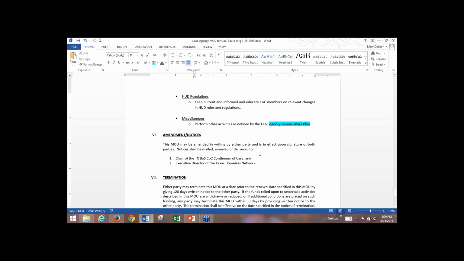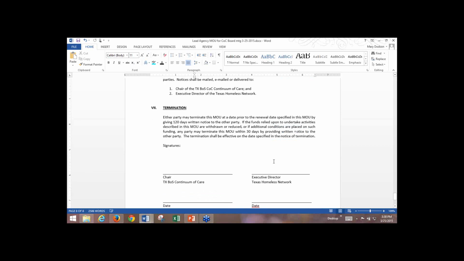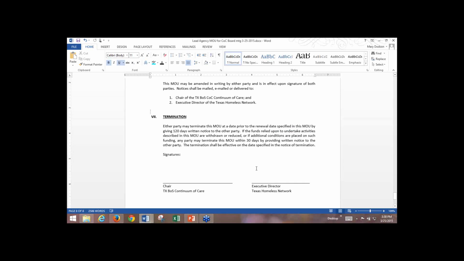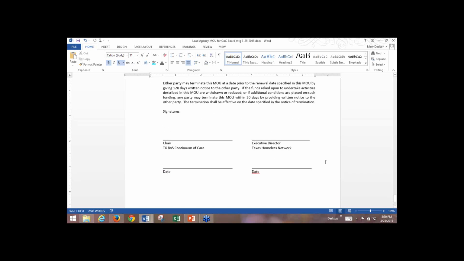This MOU may be amended, and it may terminate at a date prior to the renewal date, given 120 days notice, and then it's signed by both THN and the COC board chairs.